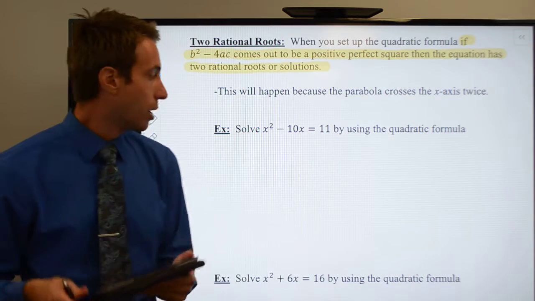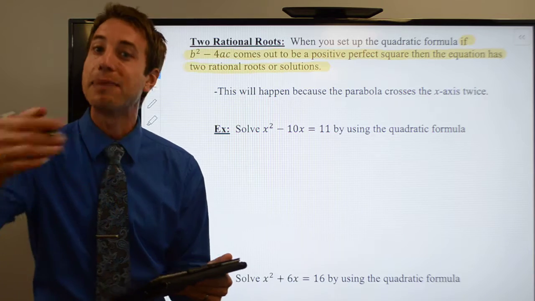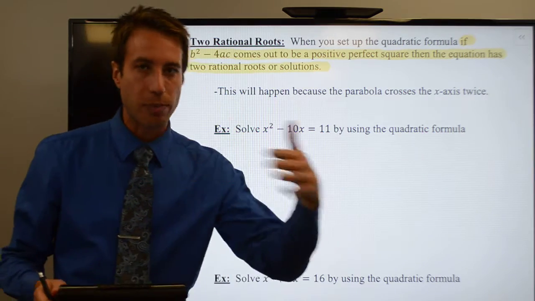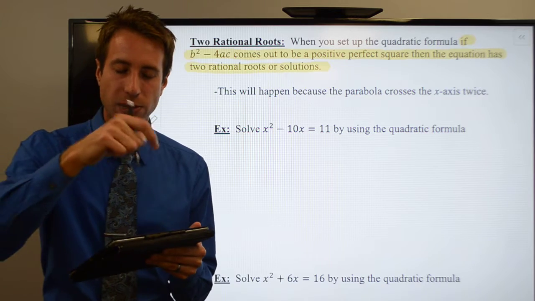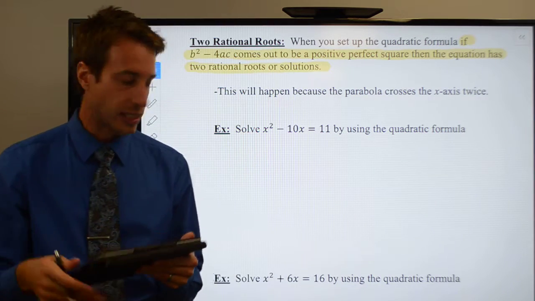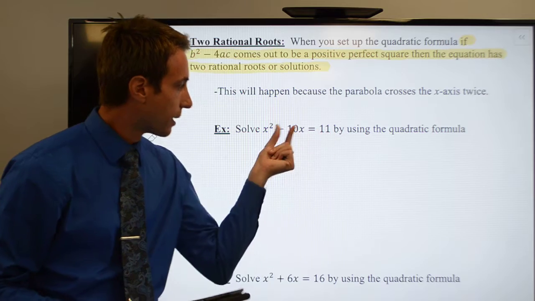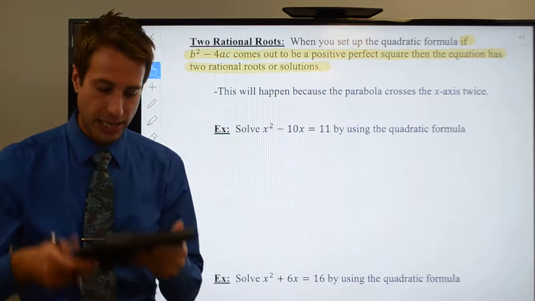Remember, it's got to be equal to 0. I need ax squared plus bx plus c is equal to 0. So I need this 11 to be over here, so we'll just subtract it to the other side.